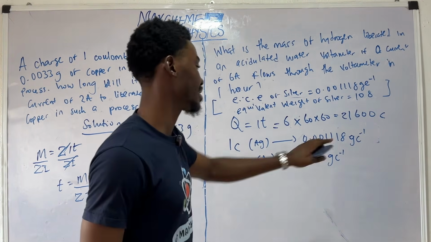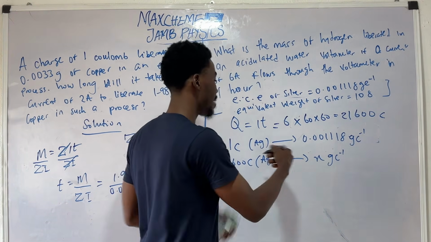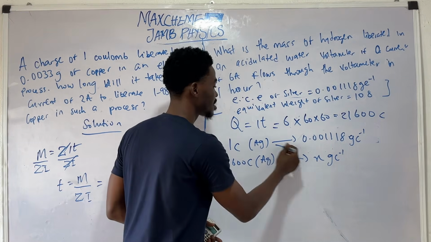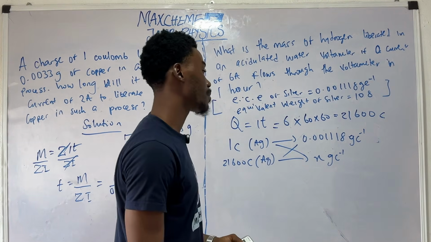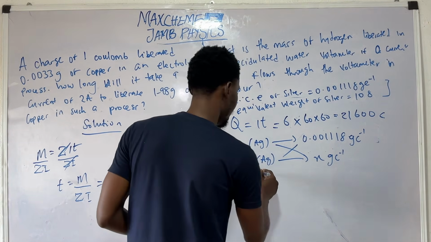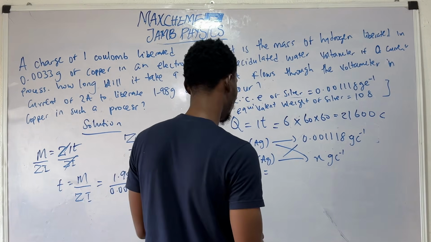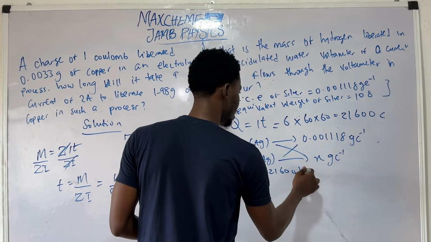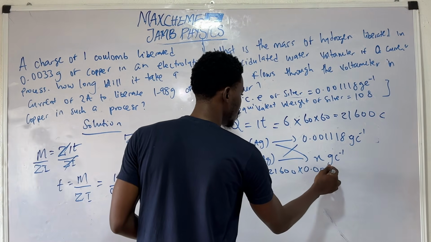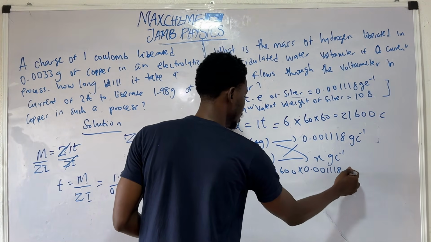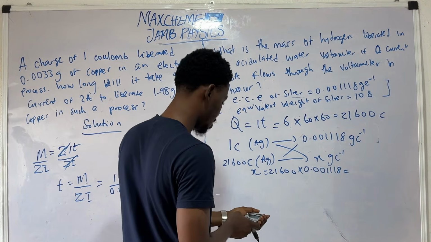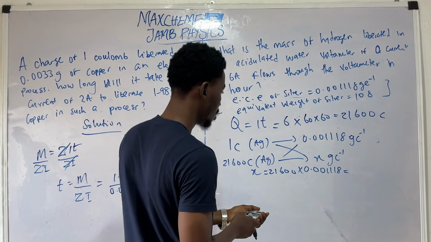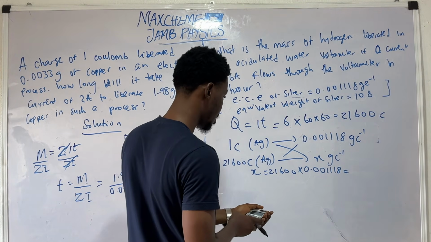How do we find X? By this proportional method, we can cross multiply, and X would be equal to 21600 times 0.001118.